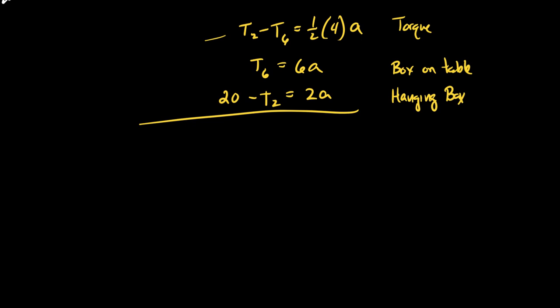And do you also notice that T6 and T6 cancel out? Do you guys see that okay? So if I add it all together, all I get is 20 on the left, the weight that's being hung. On the right, I have 1/2 times 4a plus 6a plus 2a.